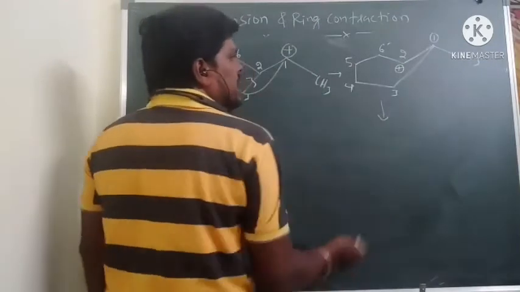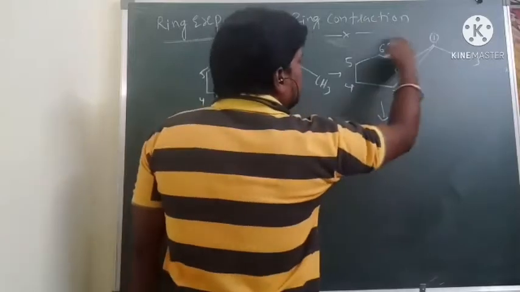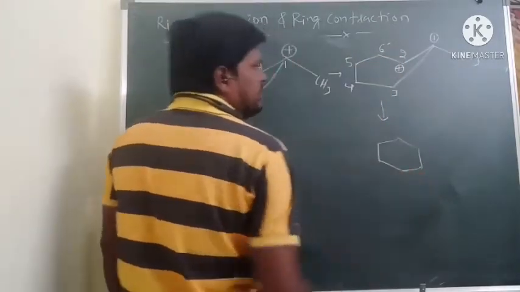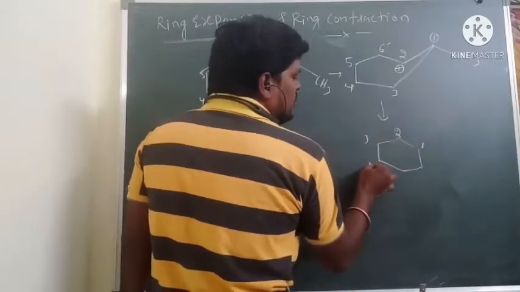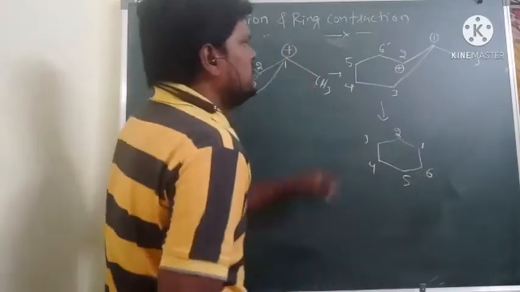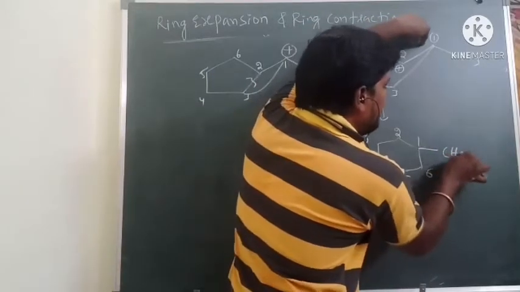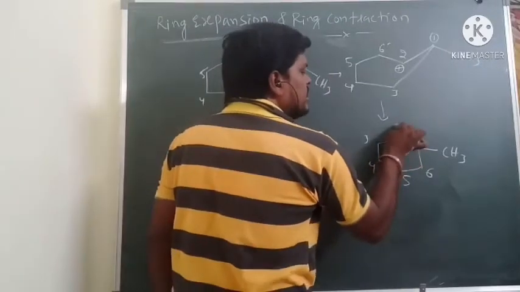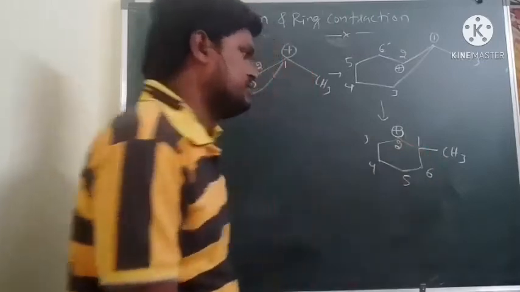Total, how many carbons in the ring? A 6 carbon ring is there, right? Write the 6 carbons like this: first, second, third, fourth, fifth, sixth, right? The first carbon has one methyl group, and the second carbon has the positive charge here.